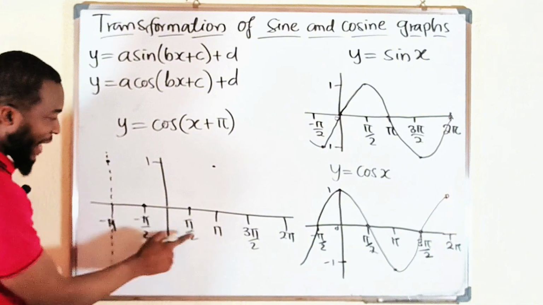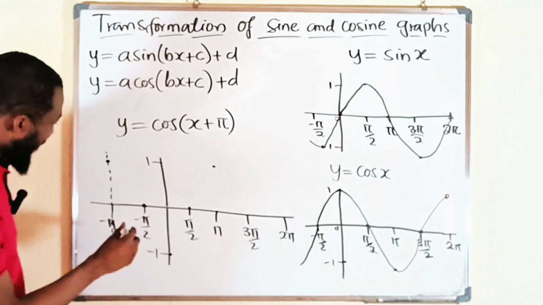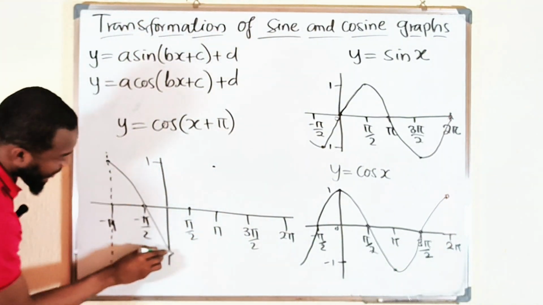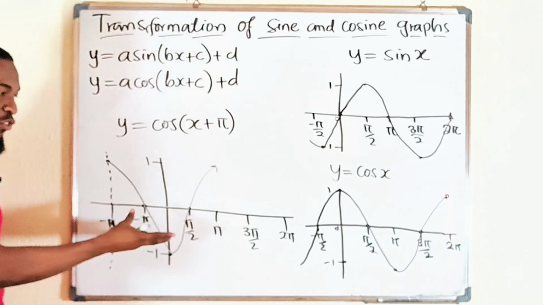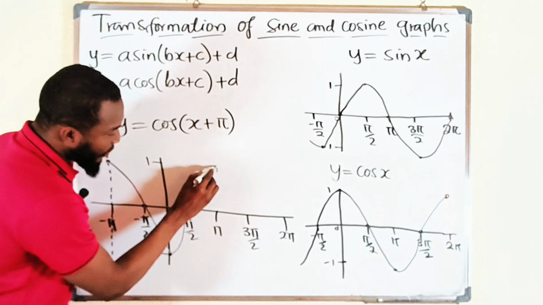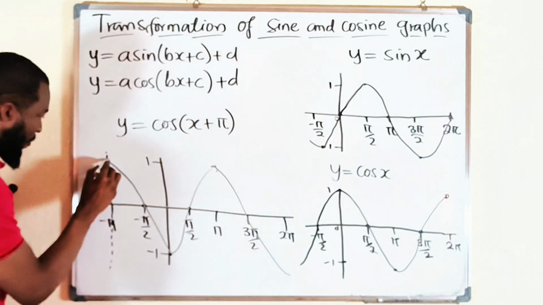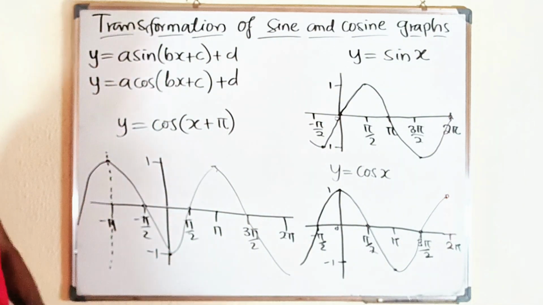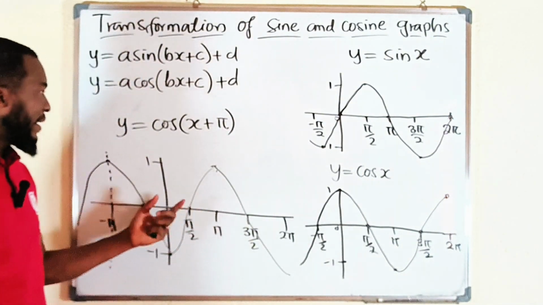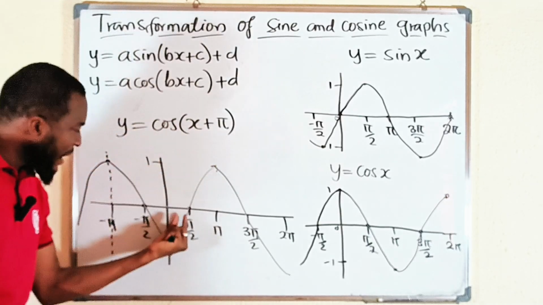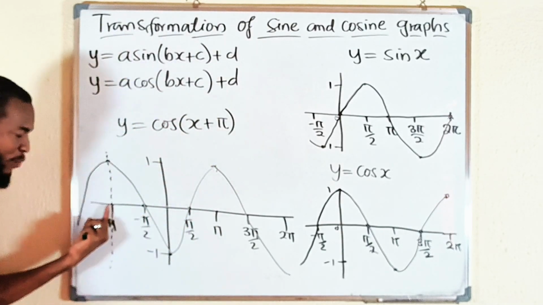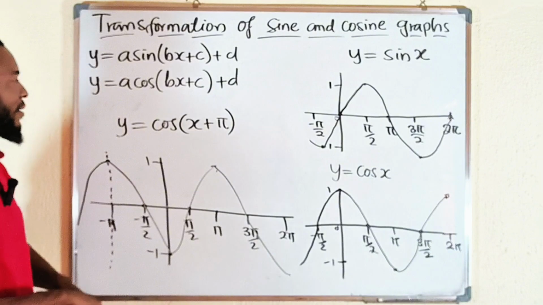Remember that from negative pi to pi is a period, right? Don't mind my graph, this is how it should look. If you continue, it will go like this. This is the graph of cosine of x plus pi. It has been shifted pi units to the left. That is just it.